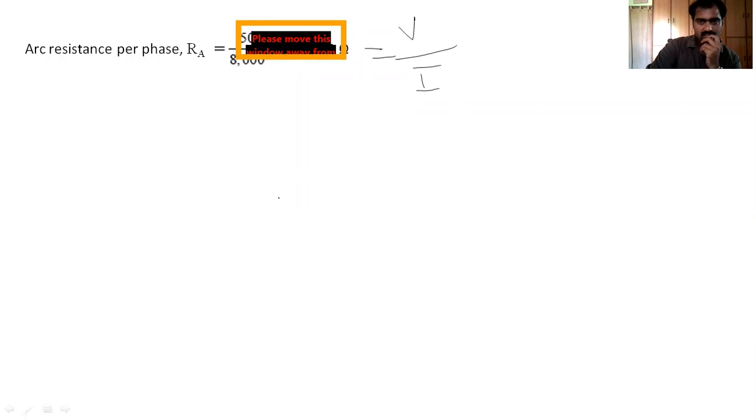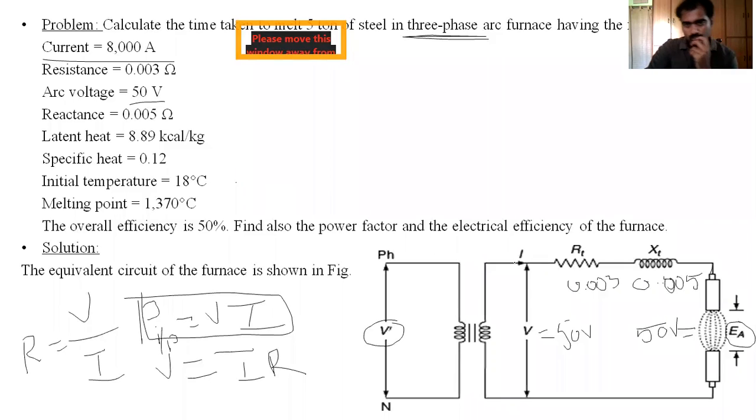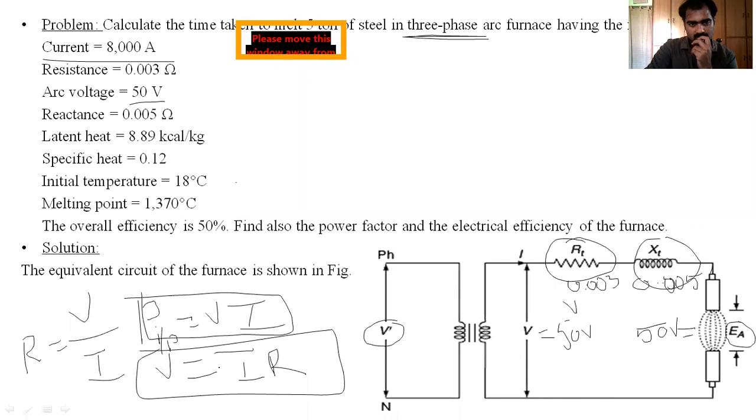Now, from this equivalent circuit, we have to calculate the voltage drops across this resistance and across this reactance. We all know the voltage drop is V equal to IR.